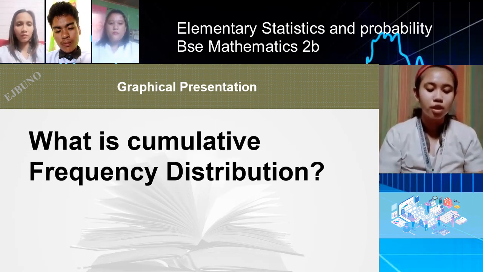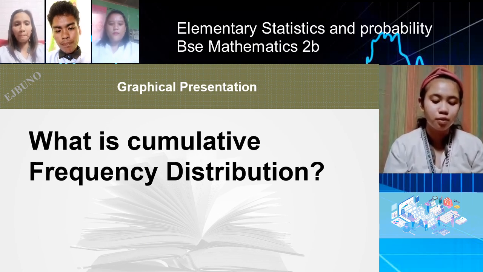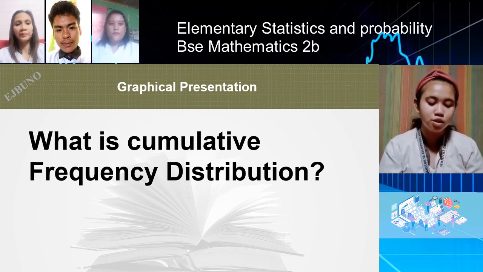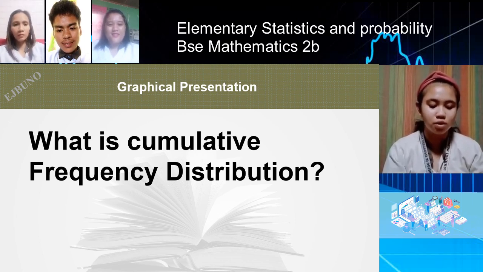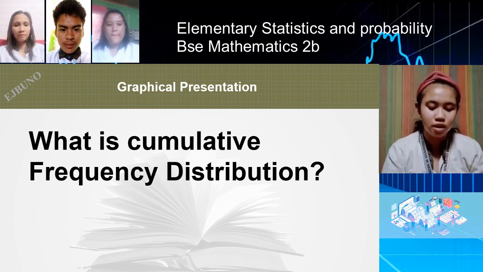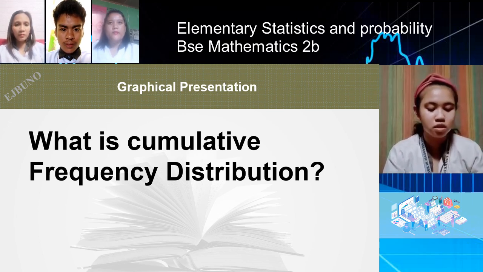What is cumulative frequency distribution? A cumulative frequency distribution is used to determine how many or what proportion of the data values are below or above a certain value. A cumulative frequency distribution is the sum of the class and all classes below it in a frequency distribution.